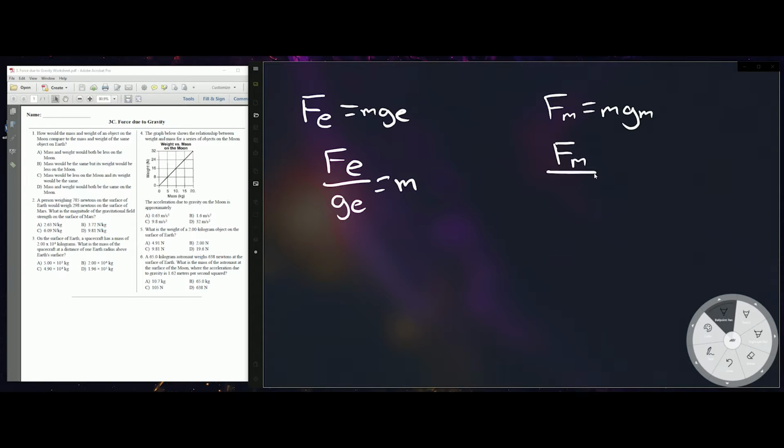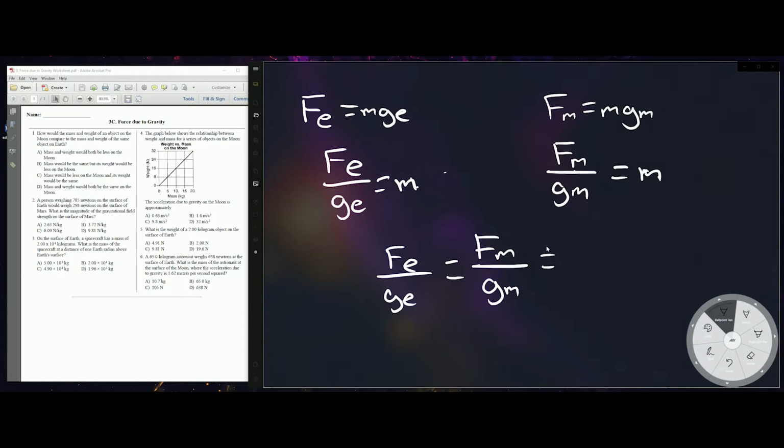Since mass is the same, we can set these two equal to each other: F Earth over g Earth equals F Mars over g Mars. We're just plugging everything in and solving for g Mars.